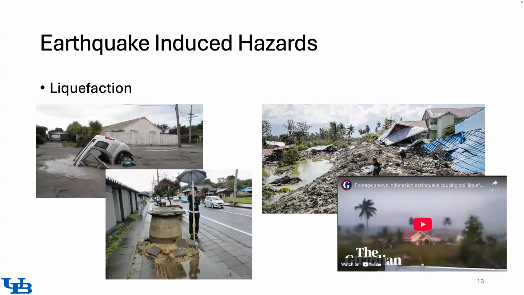If this soil is in a loose state, where shear deformation will cause it to compact, and if this shear deformation and cyclic loading is happening very fast, then any water in between the grains is not allowed to escape. So as the soil is trying to compact, essentially instead of the volume changing, it is the pore pressure that is increasing.